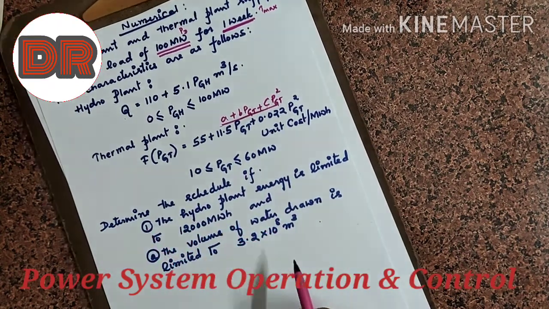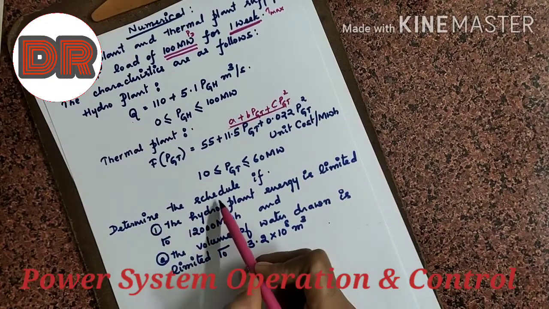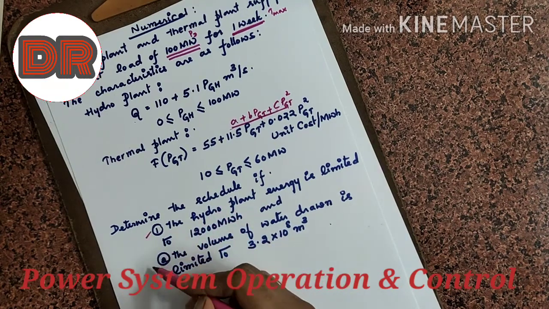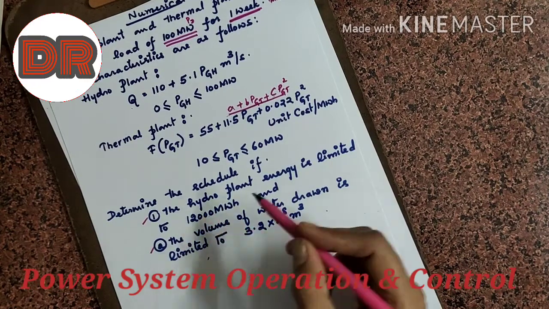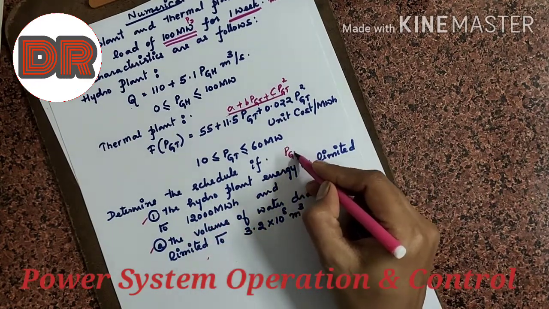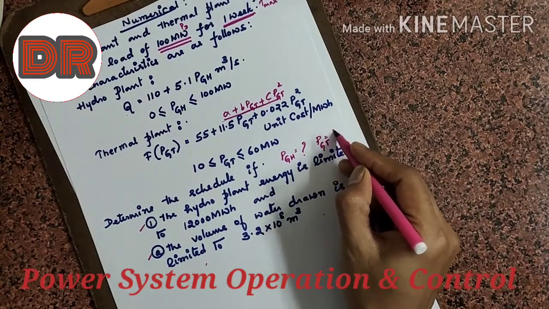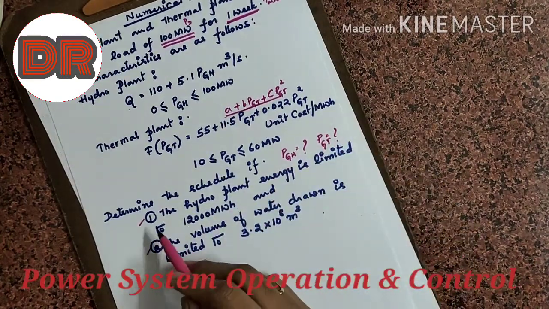Now what we have to calculate is the schedule, that is, we have to find out exactly what PGT and PGH are under two given conditions. What are the conditions?